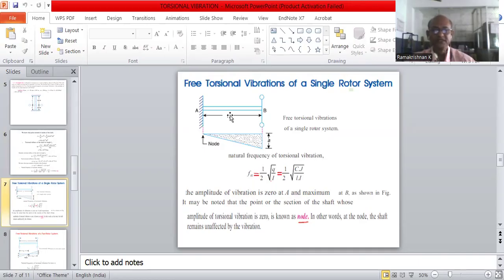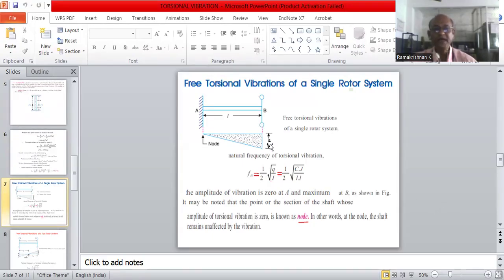So a shaft is applied with a single rotor at its end, and one end is fixed. Here, one end of the shaft is fixed and the other is fitted with one rotor. So we have the frequency formula 1 by 2π into square root of Q by I. Again, substituting the value of Q as CJ by L.